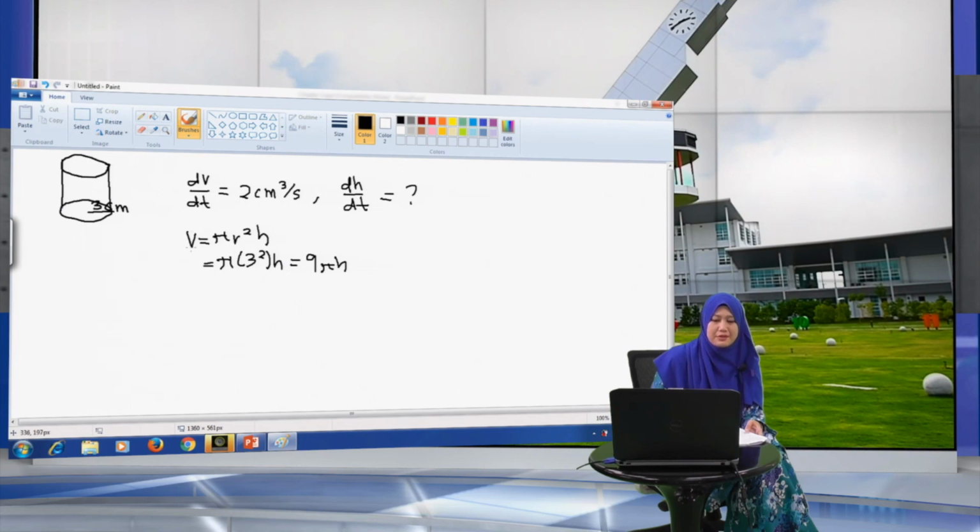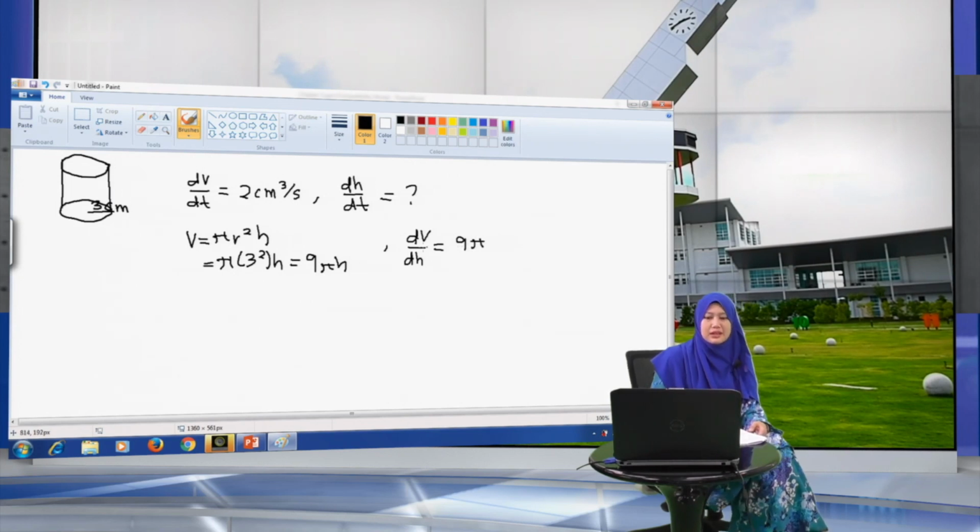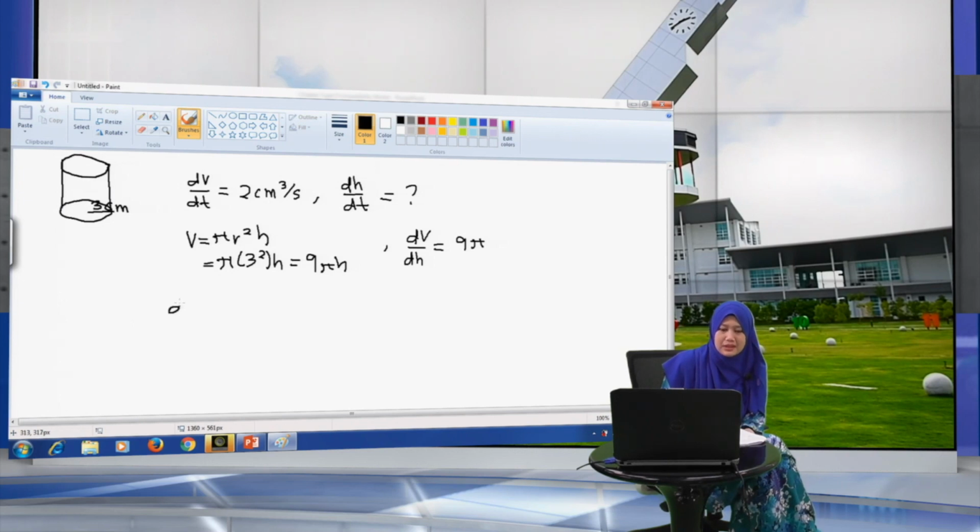Now you have V equal to 9 pi h, so you can find dV/dh, which is equal to 9 pi. Okay, the chain rule here is dV/dt equal to dV/dh times dh/dt. dV/dh is given here, we calculated before, 9 pi.